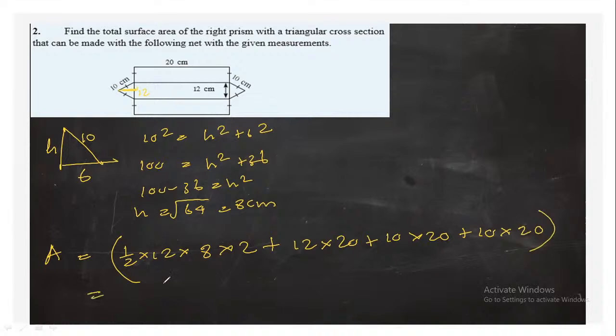And this all cancel out: 12 times 8, 8 times 2, 16, 1 remaining, 8 times 1, 8 and 1, 96, plus 12 into 20, that is 240, plus here 200 plus 200. Here also answer is 640 plus 96, 736.